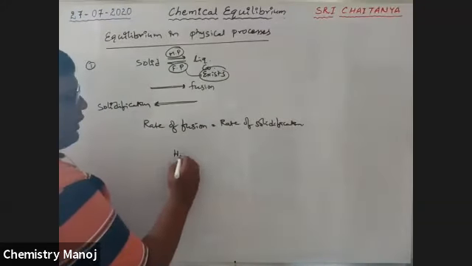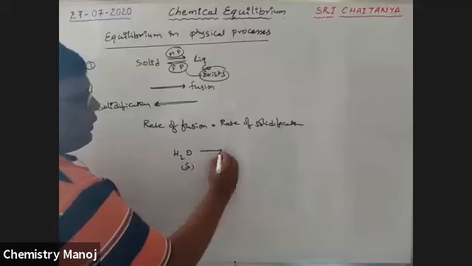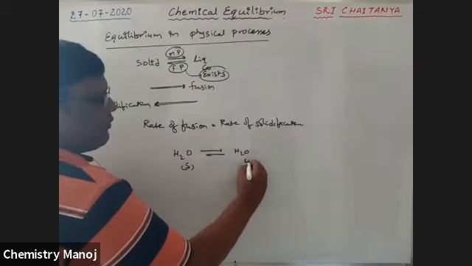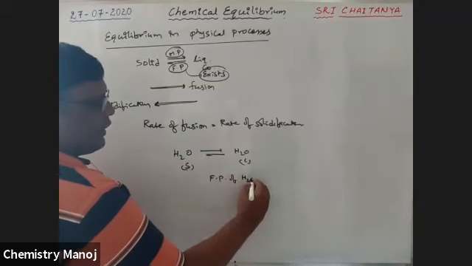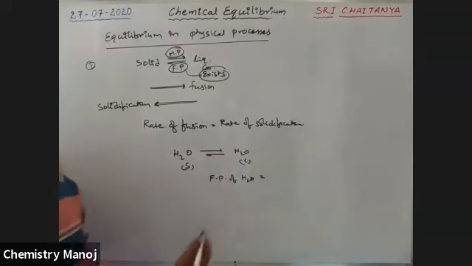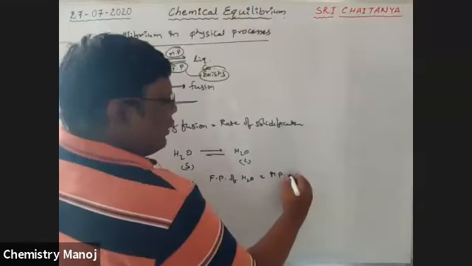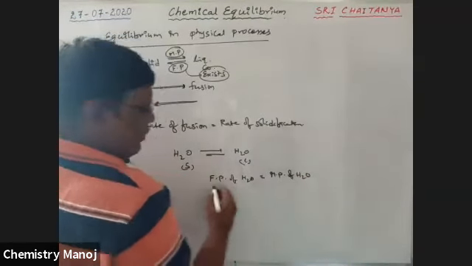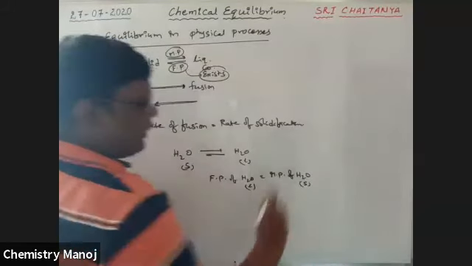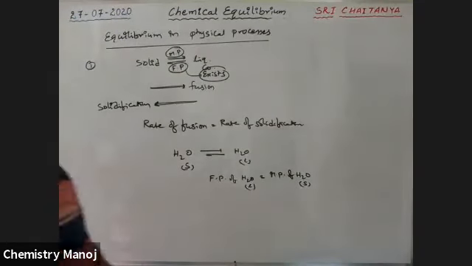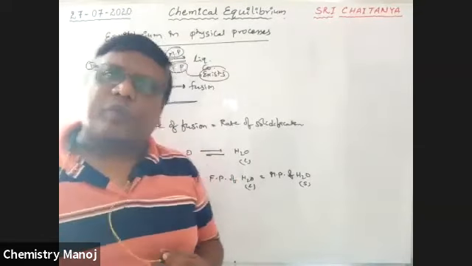So I'm taking water: solid melts to liquid. Therefore, the freezing point of water is equal to what? The melting point of water. The freezing point is for liquid and the melting point is for solid. So solids have a melting point, liquids have a freezing point.